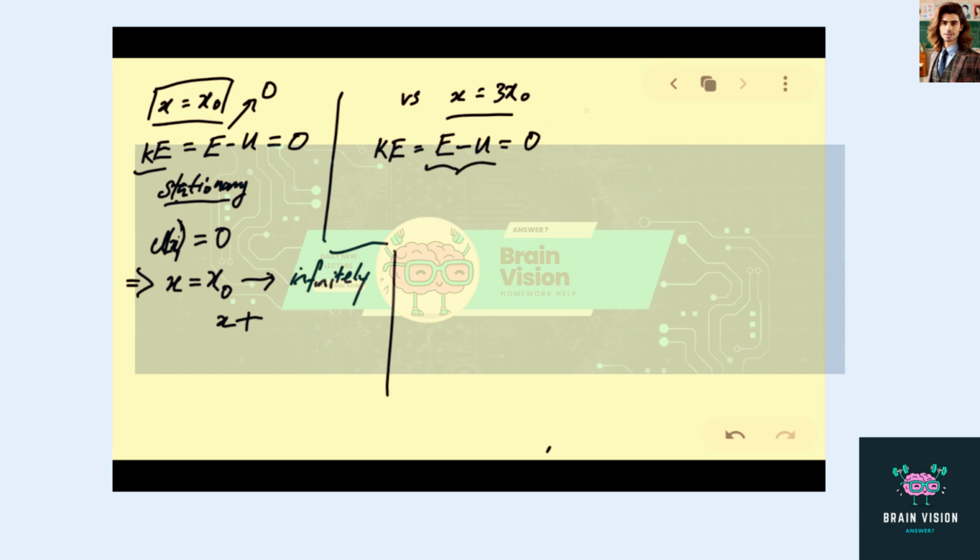Now what is this expression? We will take u(3x naught) minus u(x) and equate this to 0. Now this expression we have previously simplified; this is the kinetic energy expression.